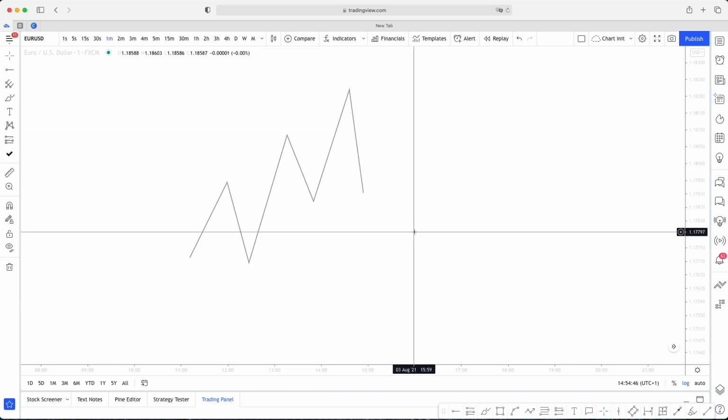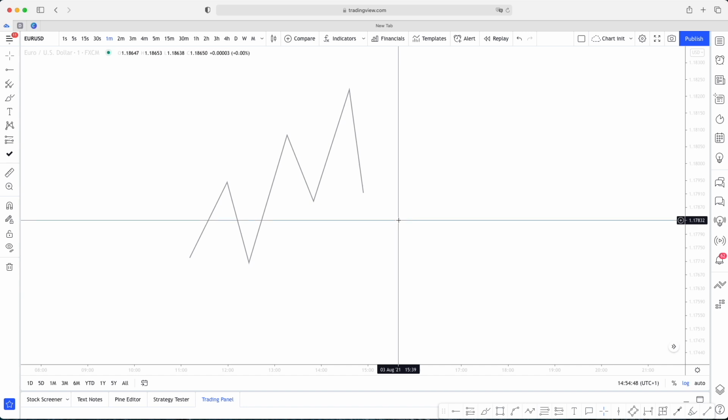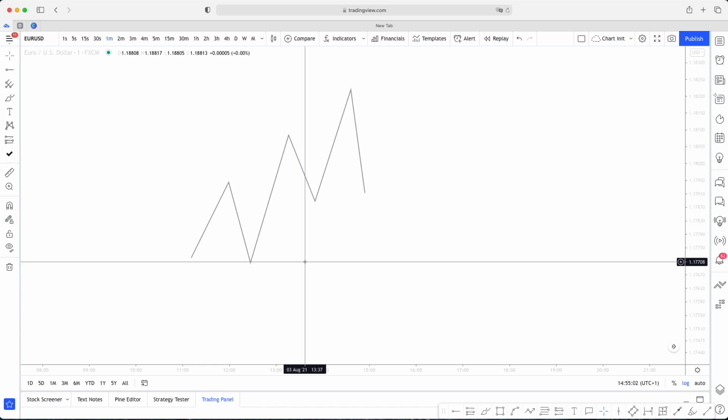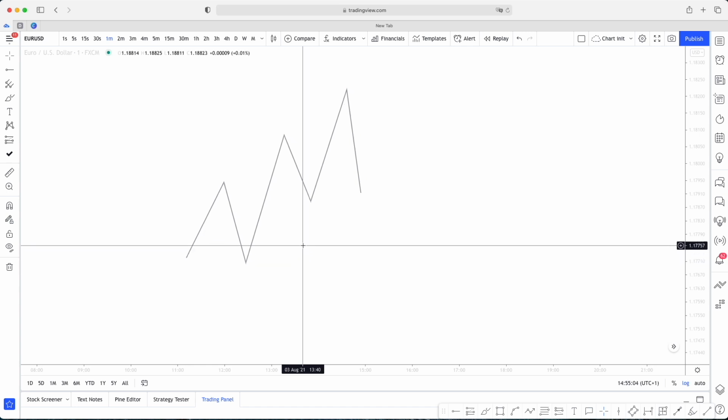And remember about OBs, it doesn't need to be mitigated straight away. OBs are future POIs. That means price can react or violate. It's either one of those two. It doesn't have to respect it all the time, and it doesn't always need to come back.